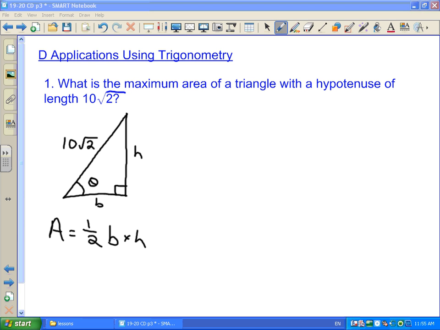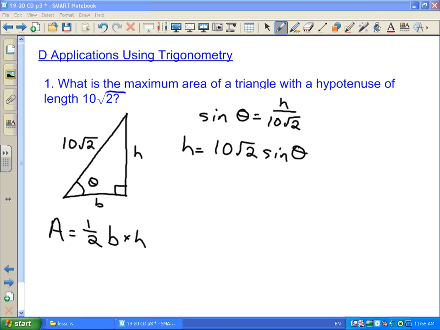So if we look at this triangle, we can say that sine theta is going to be opposite over hypotenuse, so that's H over 10 root 2. So we can rearrange that to get our expression for H. The height of the triangle is going to be 10 root 2 times sine theta.